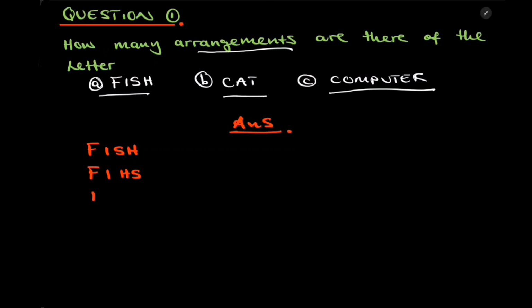The other one can be F, where we say H, I, S. We can have F, H, S, I, and so on and so forth. So you end up with a list of 24 as your list.